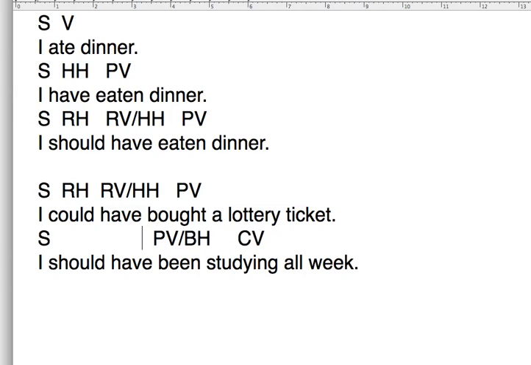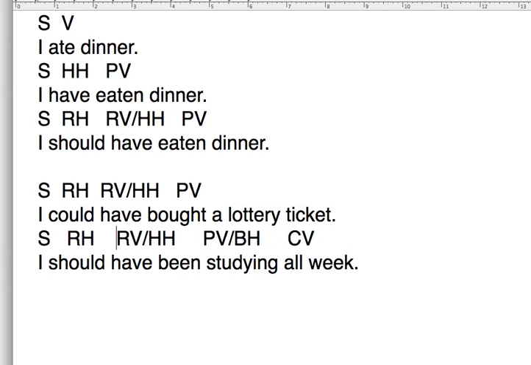I'm making a mess of this. Have is the have helper. It's also, again, the root verb that goes with the root helper should. So the first one and the last one will only be one thing. Should is going to be a root helper, and that's all it is.